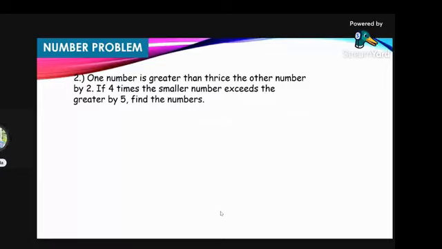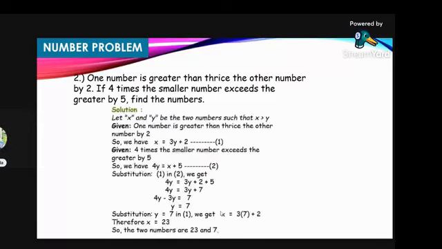So we're just going to reveal the solution for number 2. Ito po yun.